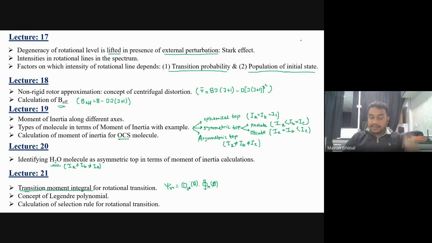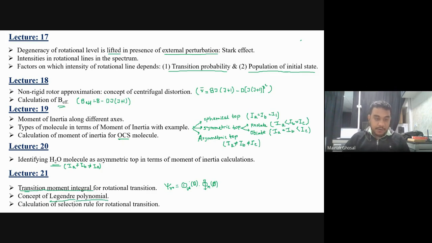And for how to write this Theta lm, there was a new concept discussed, a certain form called Legendre polynomial. How to write this theta term, and how it changes for different n, l and m values, was discussed clearly in the concept of Legendre polynomial.